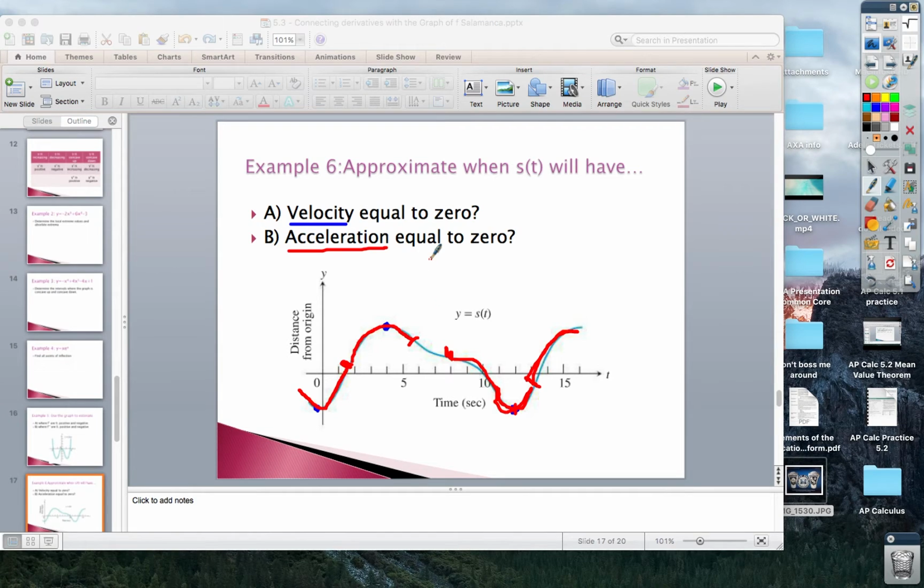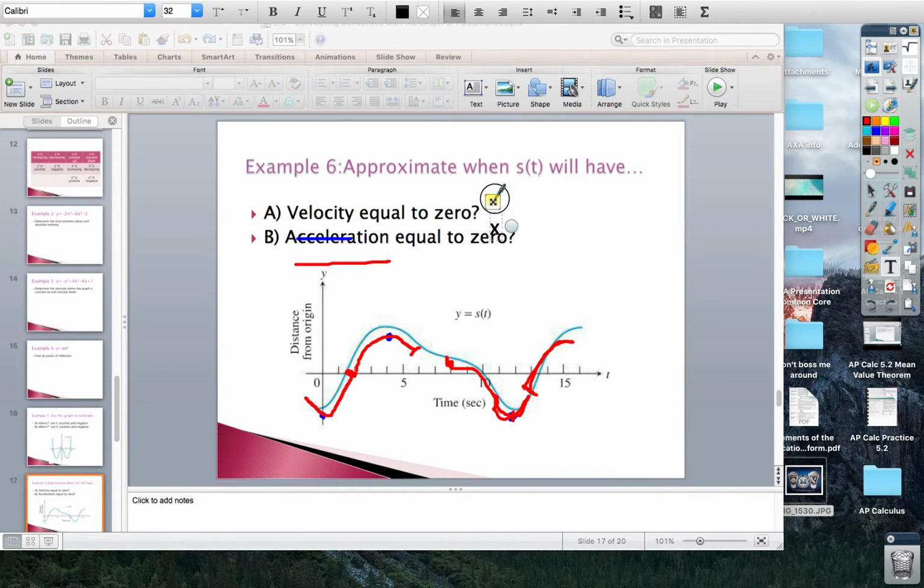So that's the areas where it's going to be 0. So let me rewrite that. So velocity equals 0 at x equals negative 0.2, 4, and 12. And the acceleration is 0 at x equals 1.5, 5.2, 8, and 13.